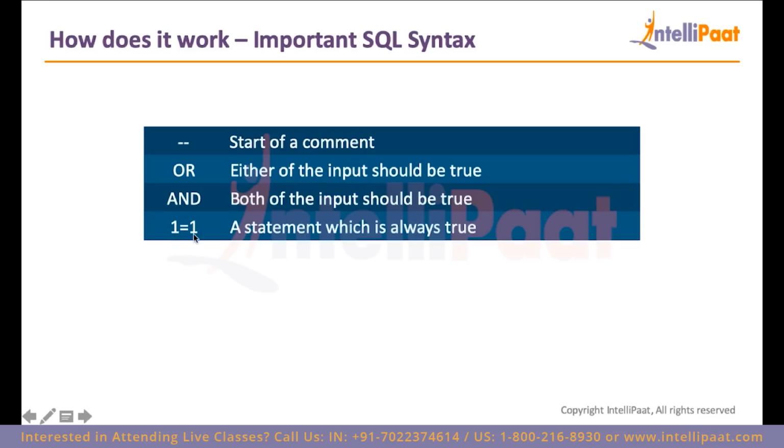What is 1 equal to 1? 1 equal to 1 is a statement which is always true, right? And what does that mean? If I write username is equal to Hemant and 1 equal to 1, this statement is always going to be true in case the username is Hemant, because the second condition is always going to be true, which is 1 equal to 1, right?